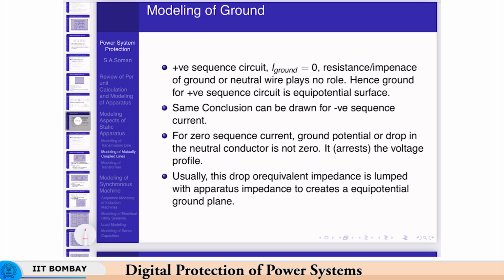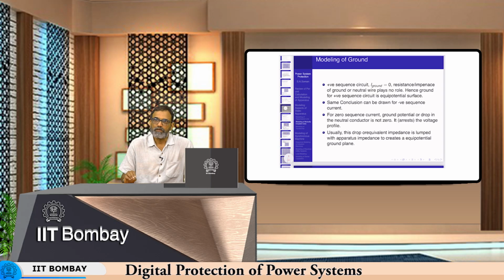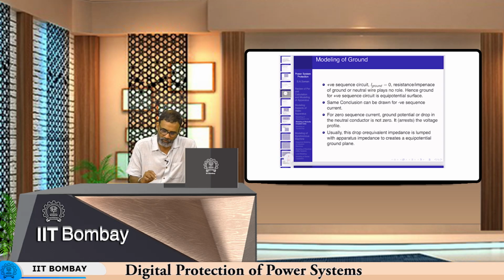So, to get a true zero or equipotential surface at the ground, we lump the zero sequence ground impedance with the zero sequence impedance of the equipment. We will see when we see generator modeling. Okay.